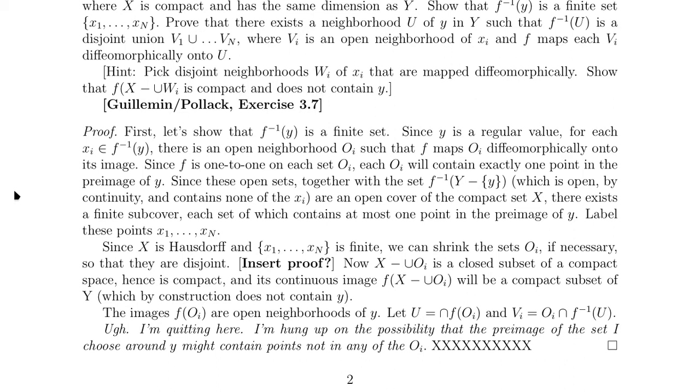But I was trying to come up with an argument that did not use the ambient space. I wanted something that would hold for a general manifold rather than one embedded in Rn. That'll be a bit hard, but I get it.